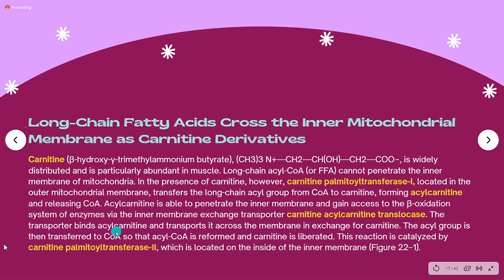The transporter binds acyl-carnitine and transports it across the membrane in exchange for carnitine. The acyl group is then transferred to coenzyme A so that acyl-CoA is reformed and carnitine is liberated. This reaction is catalyzed by carnitine palmitoyl transferase 2, which is located on the inside of the inner membrane.